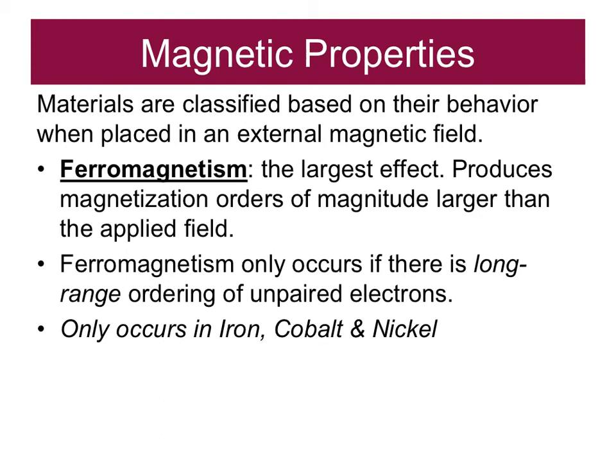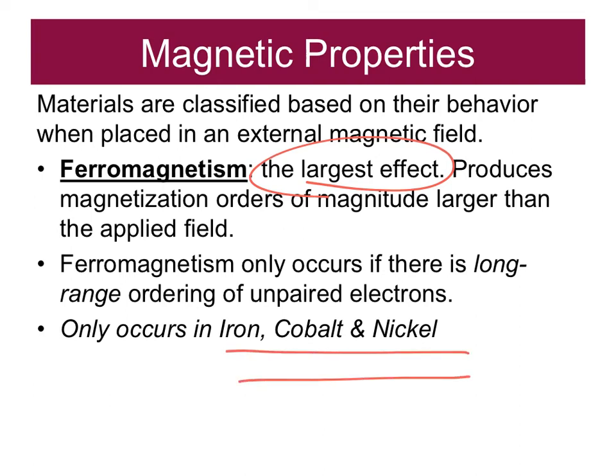There are actually 3 specific atoms that have a unique type of magnetism called ferromagnetism. This is going to be not proportional but larger than the applied magnetic field. So this ferromagnetism occurs specifically in iron, cobalt, and nickel.